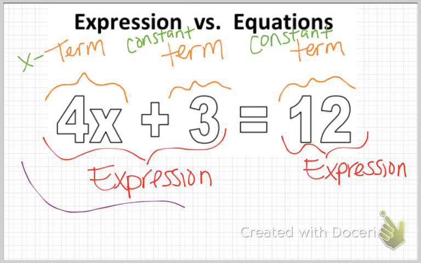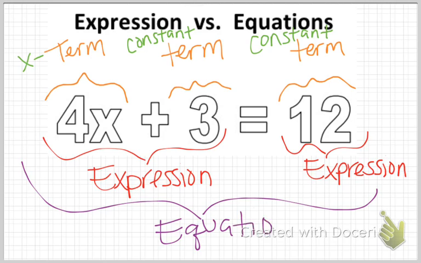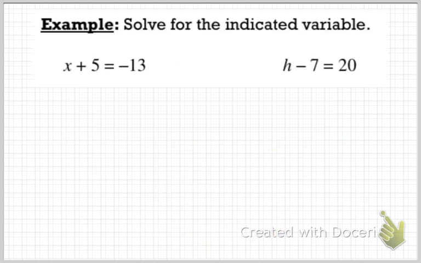So all of this put together is what we're going to call an equation, and that's what we're going to be using from now on. We're going to be doing some solving to see what value is going to make this equation true. So let's go ahead and start.